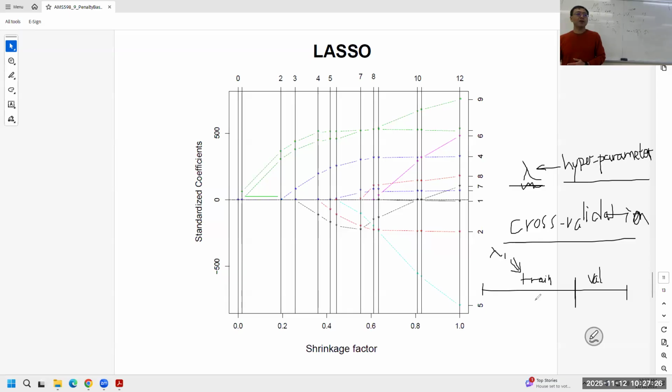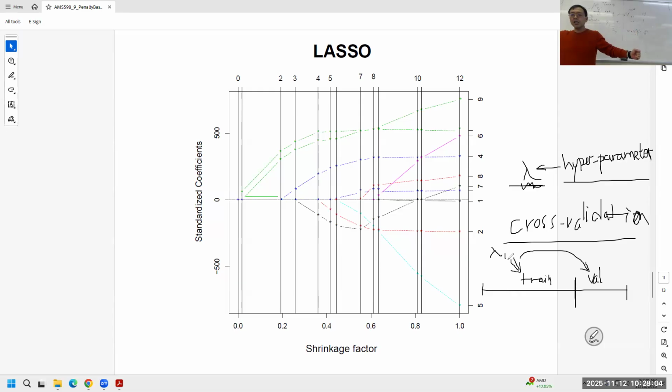Each lambda gives a different model, and you use each model to predict on the validation set to see which gives the better validation error. So by using cross validation, you make an empirical choice of the best lambda. We know lambda will be somewhere in the middle, because if lambda equals 0, that's the least squares.